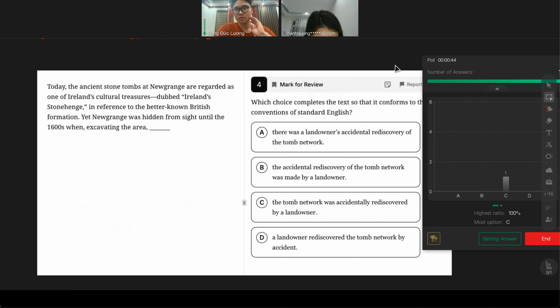Tell me why you chose C as the right answer. Can you tell me why?